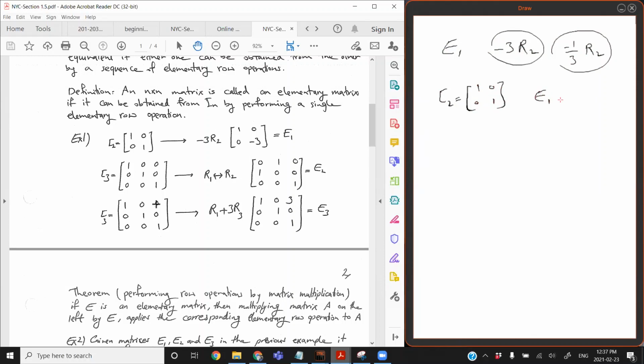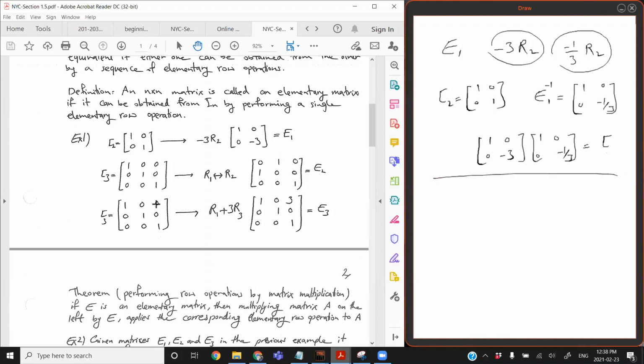So E1 inverse would simply be 1, 0, 0, 1 over 3. And again, you can just try multiplying E and E inverse that we just found in this order or in the other order, and you will see you'll get I. Make sense?